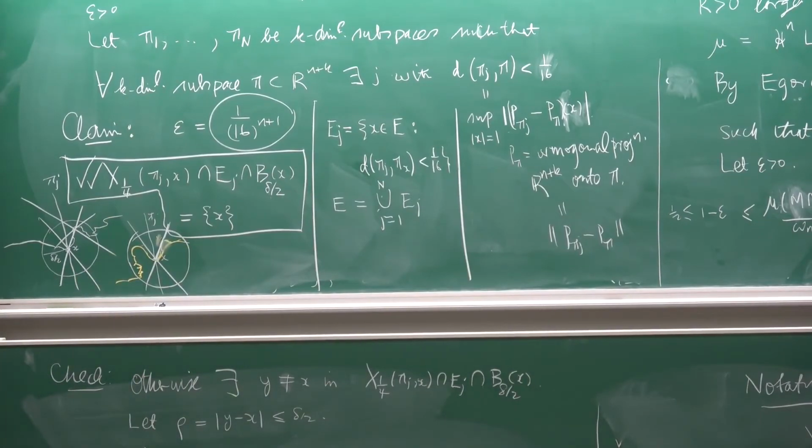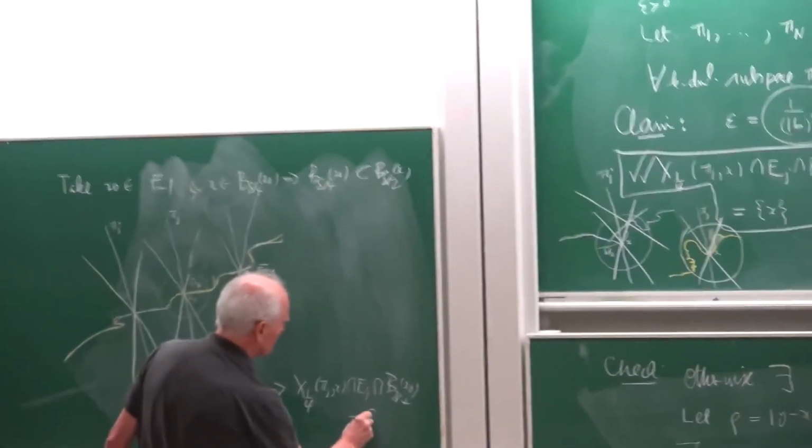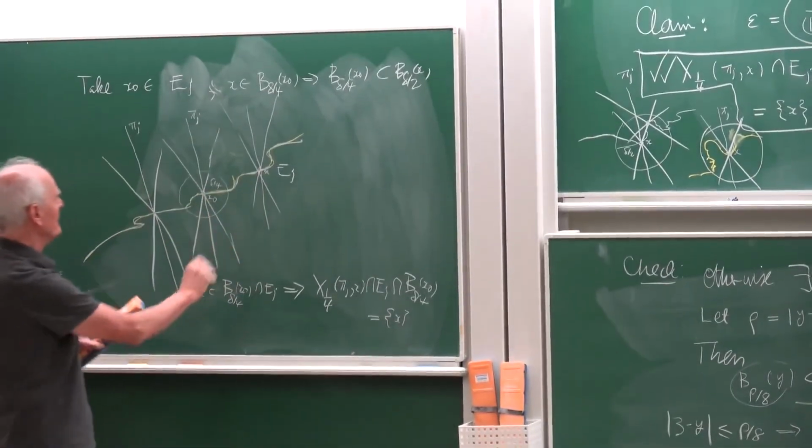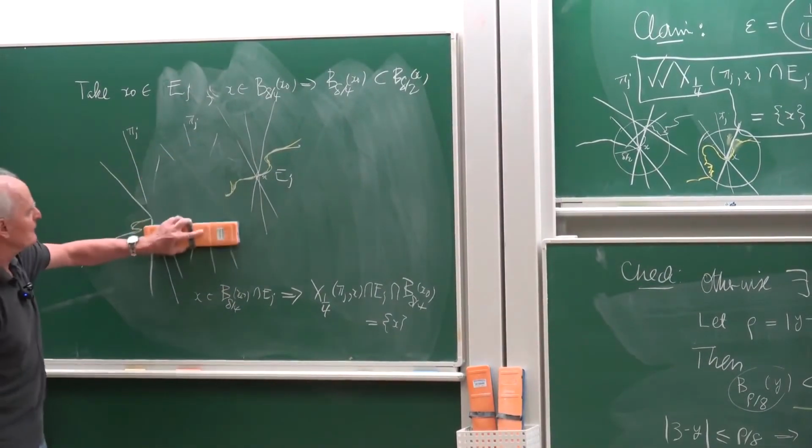Implies that x plus the cone intersect EJ intersect B delta over 4 x0 is equal to x. Now that's much better. You no longer have this difficulty that I was referring to.